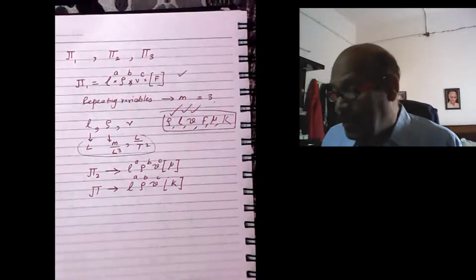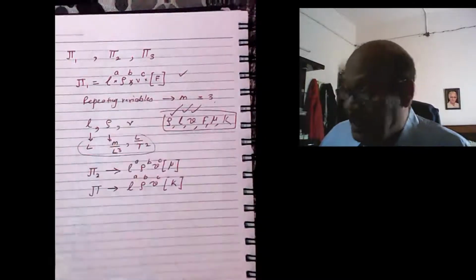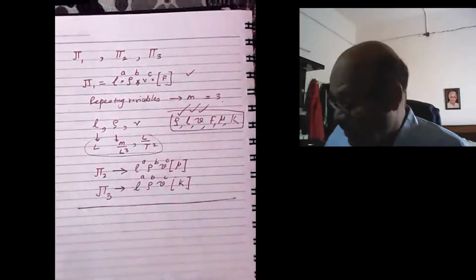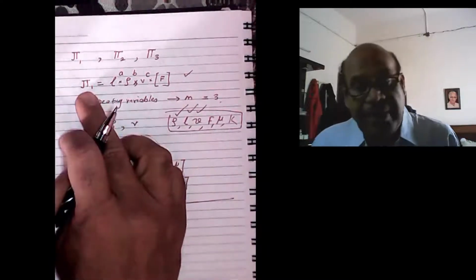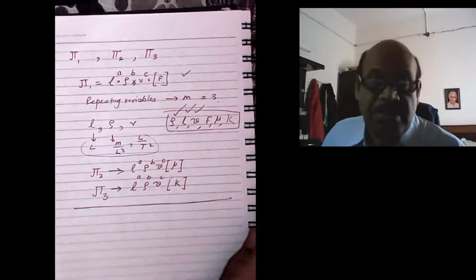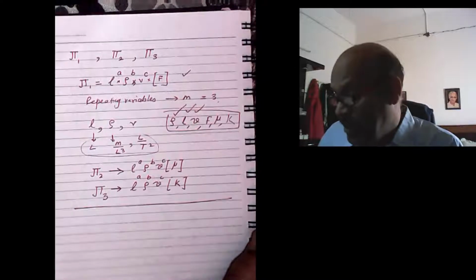So let me work out a non-dimensional group arising out of rho, L, V and F. Okay, so this is pi 1. Let me do it. Pi 1, pi 2 or pi 3 are non-dimensional groups. That means they have no dimension.